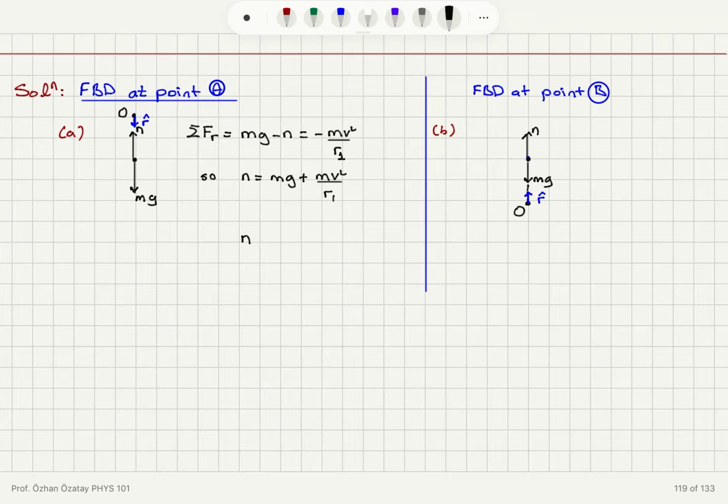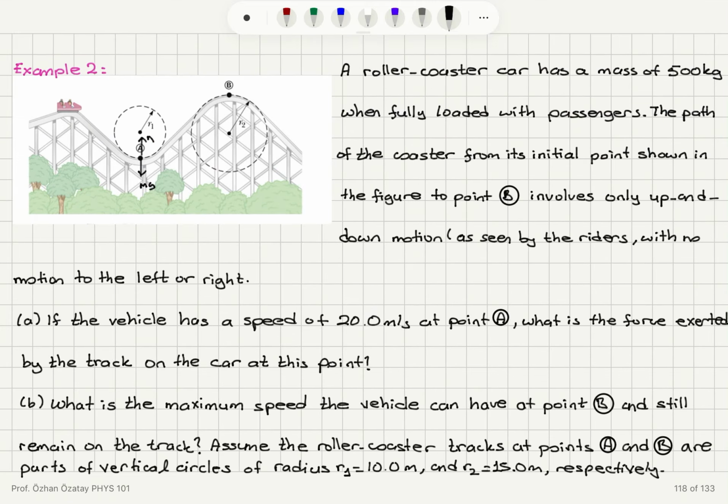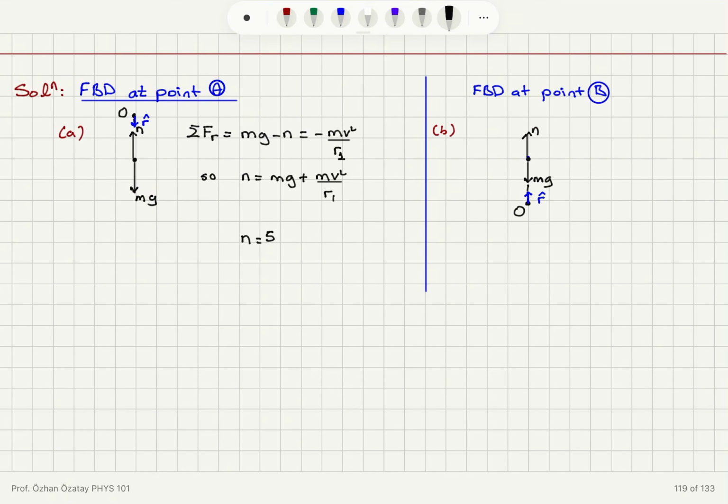So this is the force exerted by the track on the car, which has a mass of 500 kilograms. So 500 kilograms times 9.8 meters per second squared plus 500 times 20 meters per second squared divided by r1, which is 10 meters.